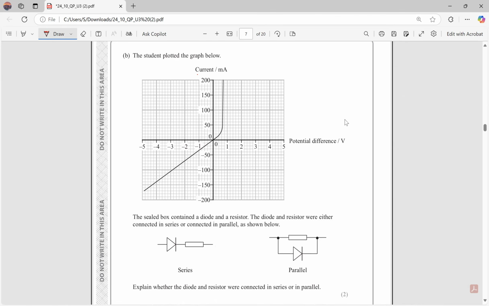An important point to mention here is the graph of a resistor. Because a resistor is an ohmic device, it has a constant resistance, so its graph is a straight line that passes through the origin.